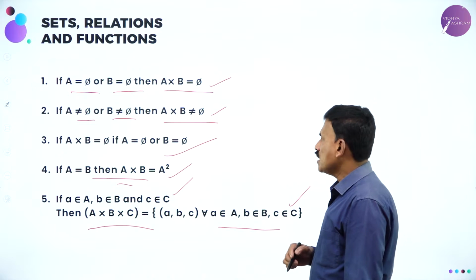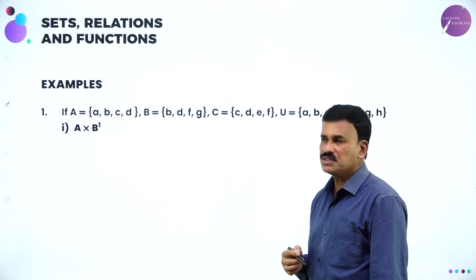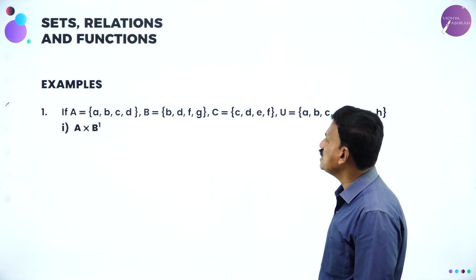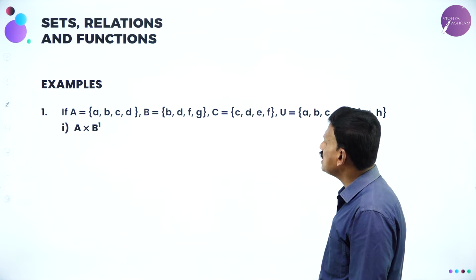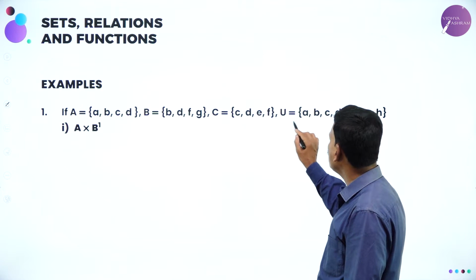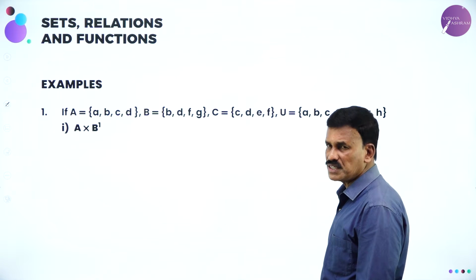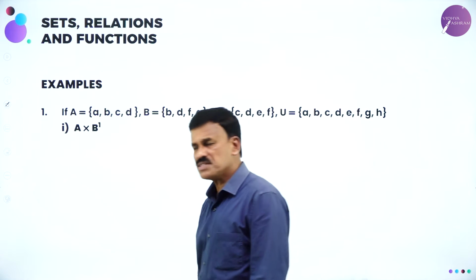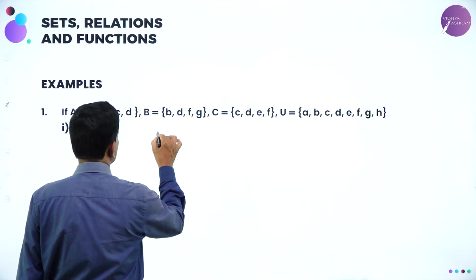Okay. Now, let us take an example based on this. Suppose A is equal to {a, b, c, d}, B is equal to {b, d, f, g}, C is equal to {c, d, e, f} and the universal set is given. Find A cross B dash. Now, first find out B dash. What is B dash?